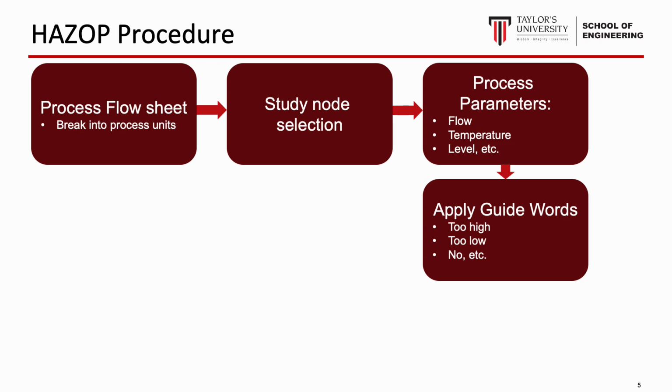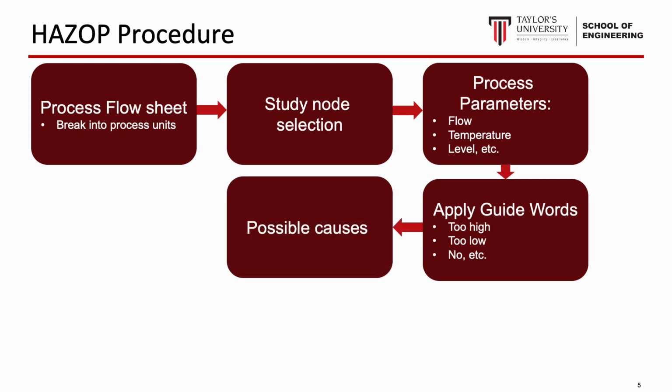What happens if the input flow rate is too high? What happens if the output flow rate is too high? And what are the consequences of this high input flow rate or high output flow rate? Or what happens when it is too low? And what happens if there's no flow? These are the guide words that will be given for us to run the analysis for each parameter.